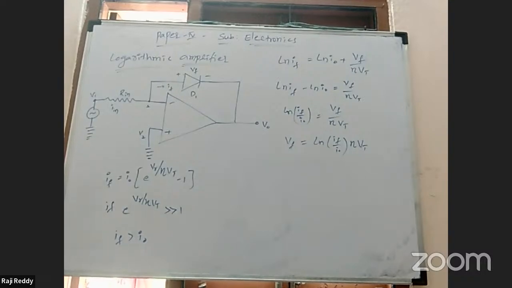There we can calculate the voltage V equal to R3 V3 by R3 plus R4, which is nothing but Vt into ln of IC2 by IC1. Substituting the currents IC1 and IC2 gives an equation in terms of the log function on both sides.